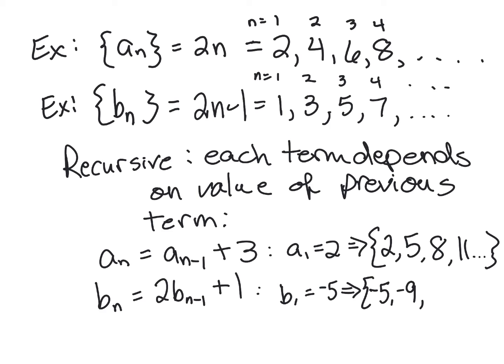The next term, you would take the previous term, negative 9, double it, it's negative 18, add 1, and I get a negative 17. I'm not doing that again. So there you go. Recursive sequences always depend on the previous term.